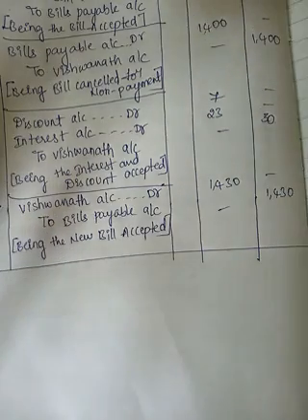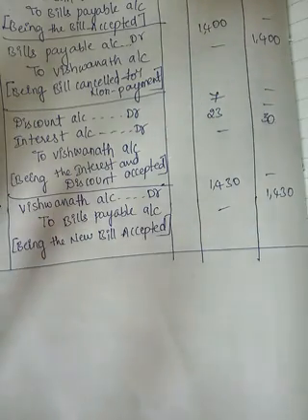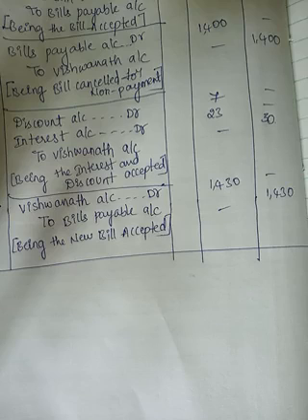Here L accepts 48,000, so the remaining 2,000 is discount allowed. First write down the journal entries for when the bill is drawn and when K accepts that bill.